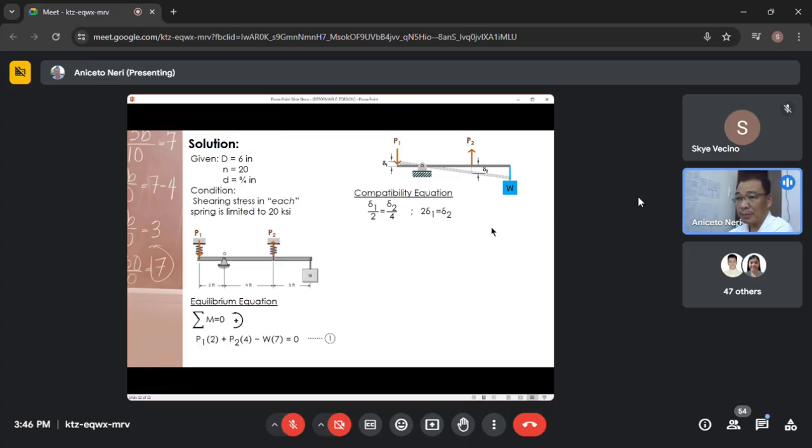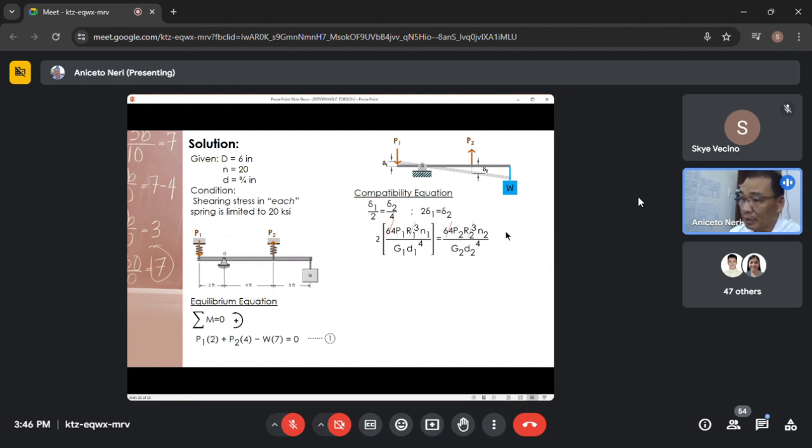And the next step here is to use the torque-twist relationship. So for these deltas, substitute the expression for elongation, which is this one: 64 PR cubed N over G d raised to 4. Since they are identical, the 64 cancels. R1 and R2 cancel.